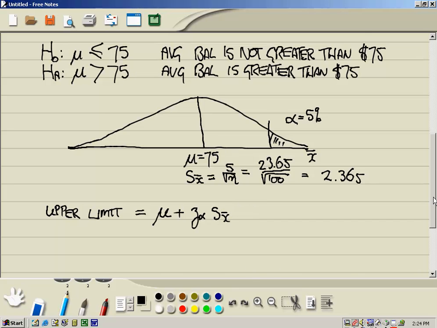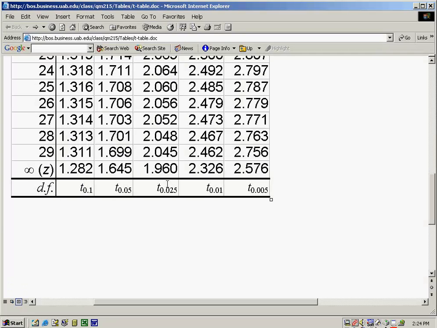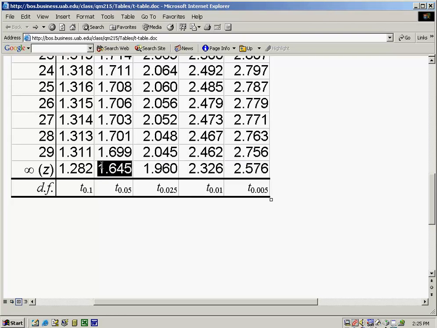So far we have our s of x bar, but we don't have our z value. Our z value is z with 5% in the tail, and we need to go into our tables to find that value. Here we are, our t-tables. We use the last row for our z values, and we want 5% in one tail, so that value is 1.645.